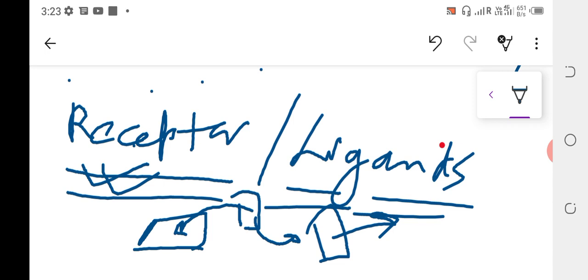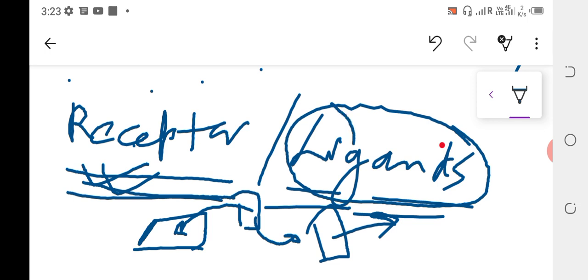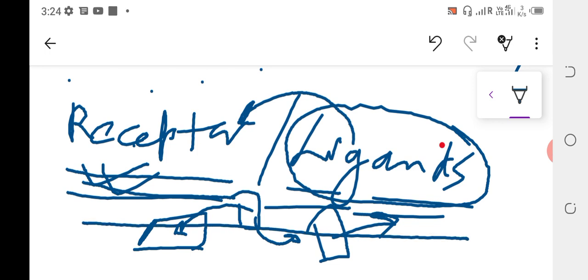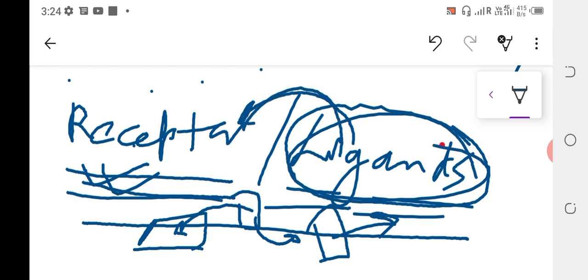To make a good analogy, the receptor is the reception, and the ligand is a passport or the documents that you give them, so that you can exchange those documents for documents that facilitate you to travel from one place to another. That is the proper analogy: the ligand is the information that is to be given to the receptor, so that a particular incident takes place within the cell.